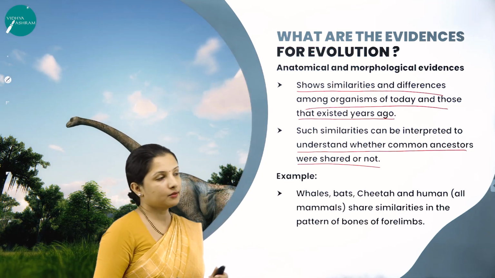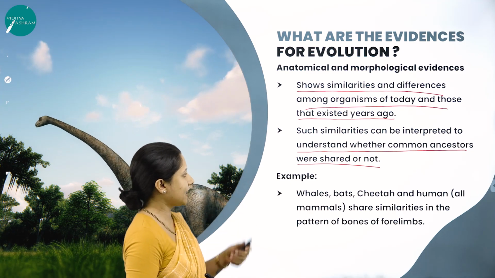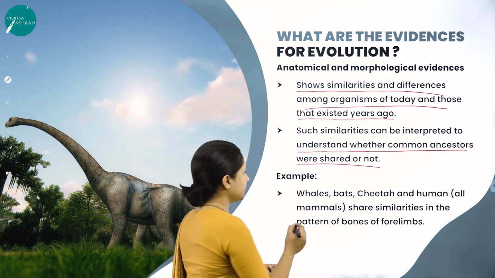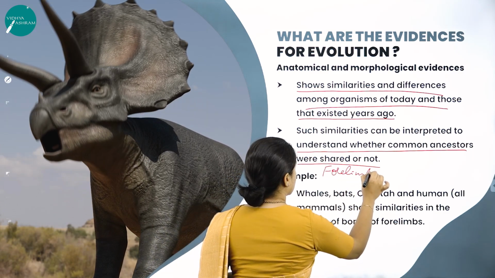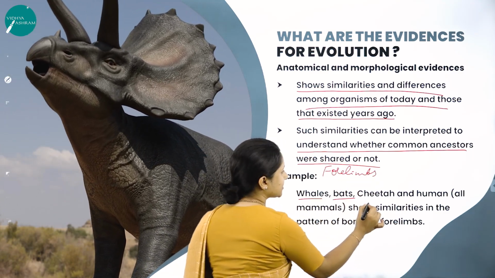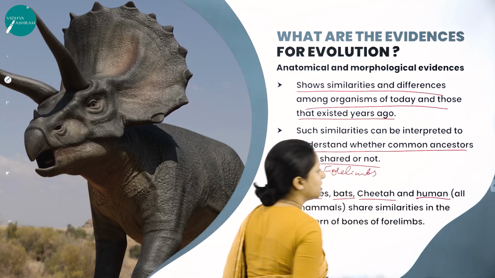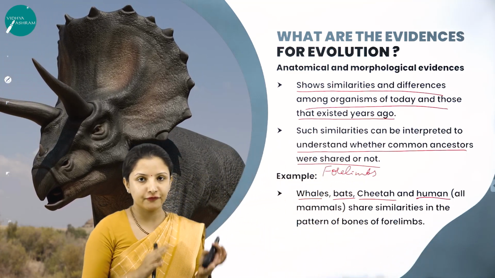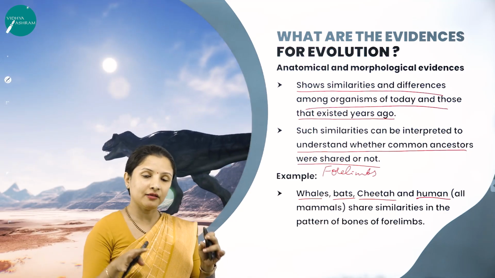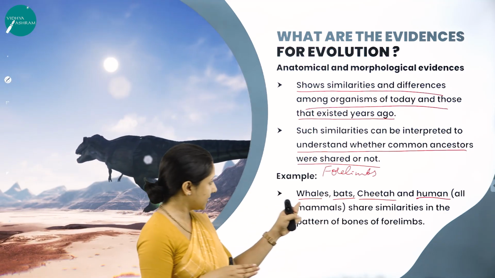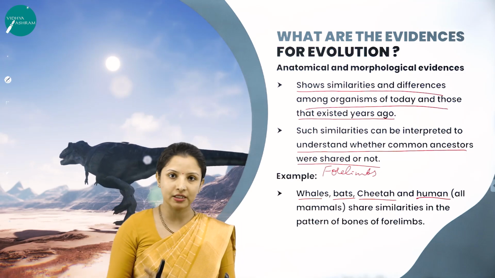So for anatomical and morphological evidences, let's take the example of the forelimbs of whales, bats, cheetah and humans. If we look at the forelimbs of whales, bats, cheetahs and humans, they are different, and the function of these forelimbs in these organisms is also totally different.